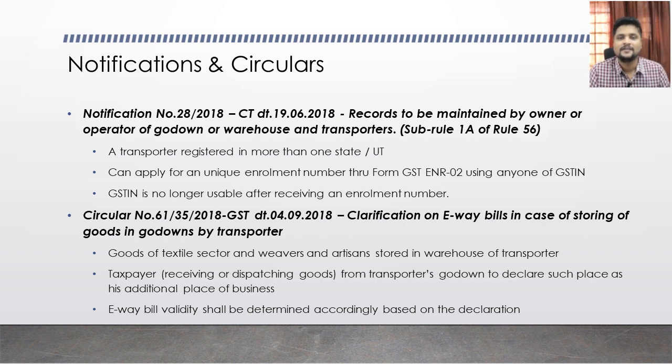He can apply for such an enrollment number by filing a form called GST ENR 02. By filing that form, he can apply for an enrollment number using any one of his GSTNs, because he will have multiple GSTNs as he is registered in more than one state. So using any one of the GSTNs, he can apply for this enrollment number.